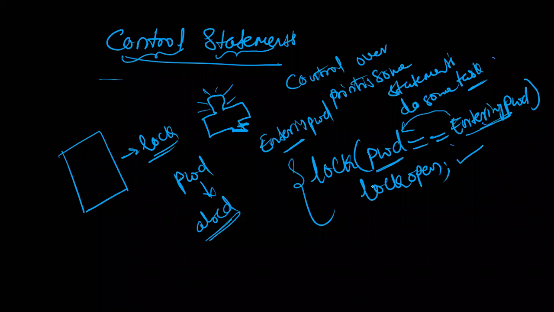Or you can write this in another way. Lock is a method. The password you created is equal to the entering password. If both are matched, you can open the lock.